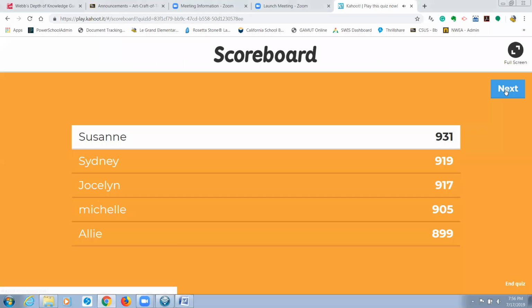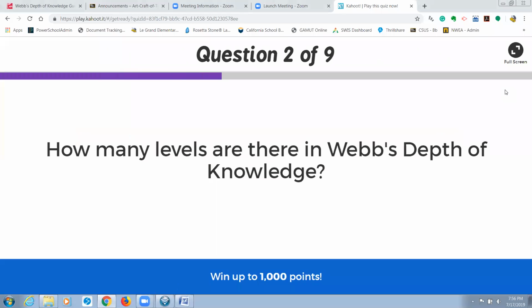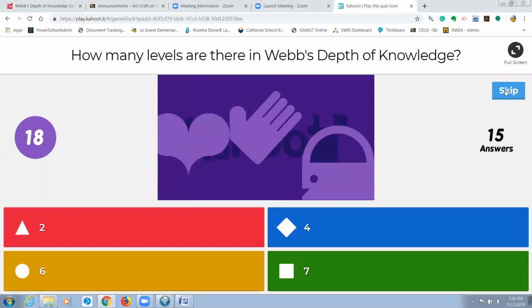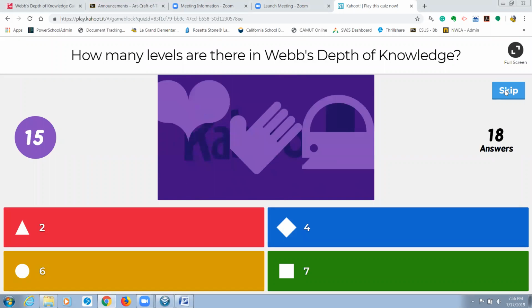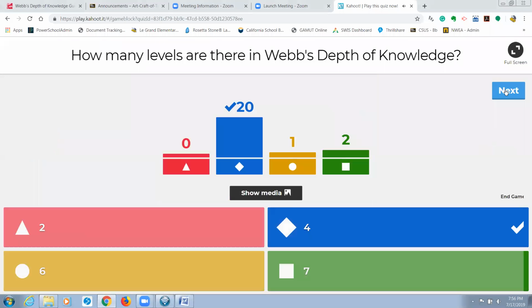Good. Suzanne in the lead. Here we go. How many levels are there in Webb's depth of knowledge? There are 4 levels.